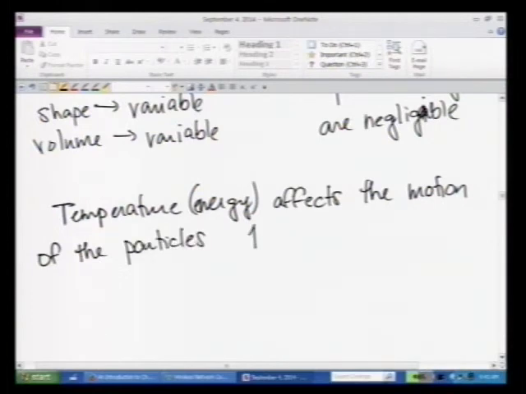The upwards arrow means increased temperature, and the squiggly arrow means that'll give you increased velocity. You add energy, you increase the speed of the particles.